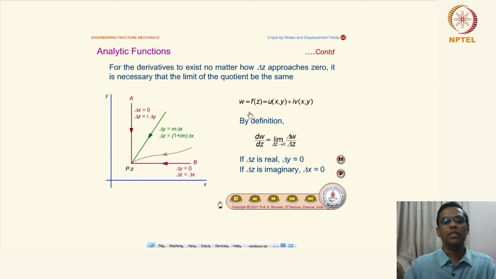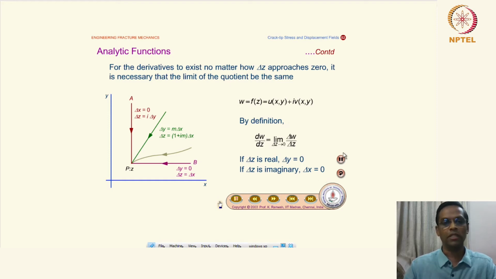So the function w, or f of z, is equal to u as a function of x, y plus i v as a function of x, y. By definition, dw by dz is the limit as delta z tends to 0. If delta z is real, delta y is equal to 0. If delta z is imaginary, delta x is equal to 0.